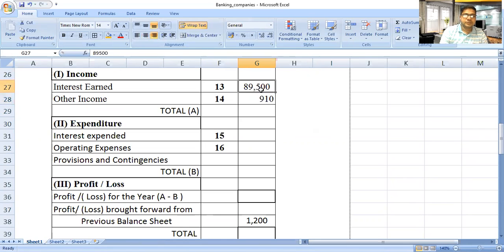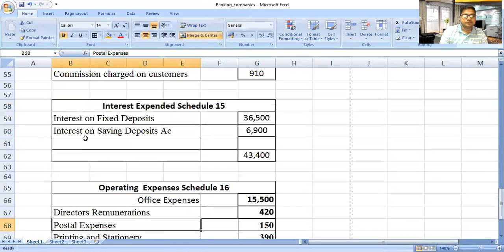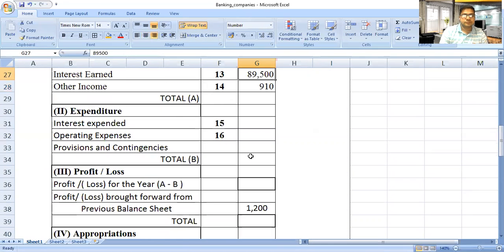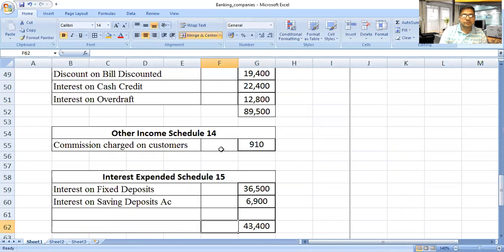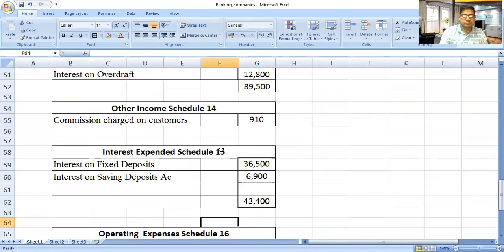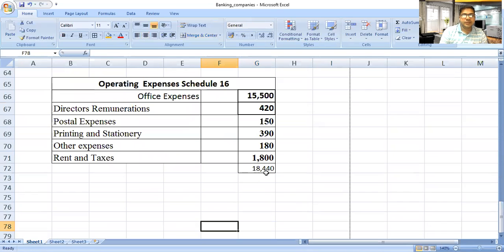Then next is interest expended, schedule number 15. We got 43,400. Then next is operating expenses, schedule number 16. We got the amount 18,440.